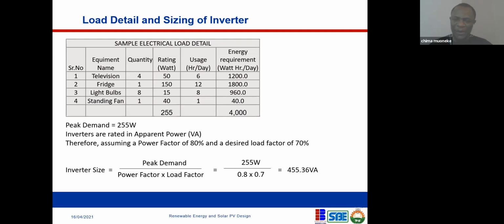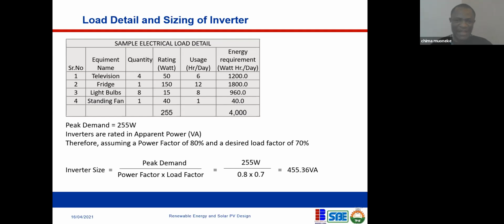So we're designing the load factor for this inverter to be 70%, so that if there is additional load, it can withstand it, just slightly. So the inverter size here would be the peak demand divided by the power factor times the load factor.